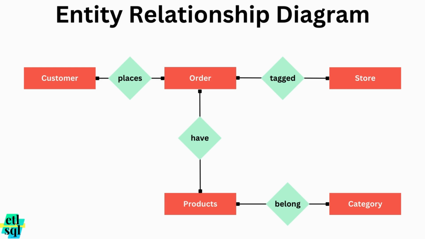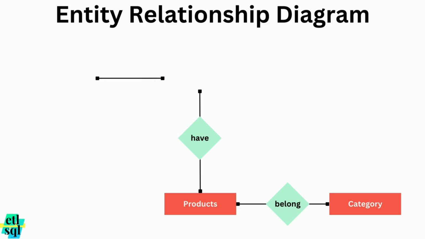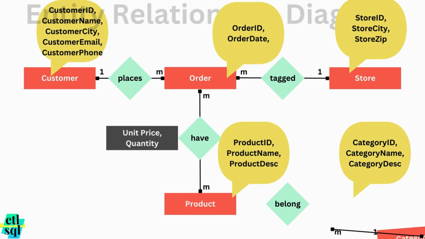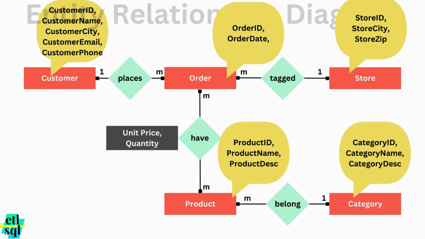But there are key components which are missing in this diagram. And those are attributes and cardinality. So adding an attribute is fairly straightforward. Whatever information you want to store about a customer, you can add it. So in this case, for customer, I have customer ID, name, city, email, phone, address.